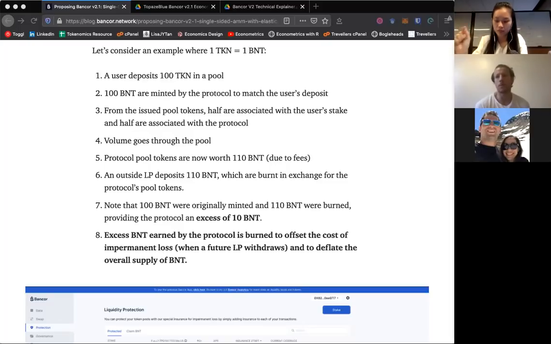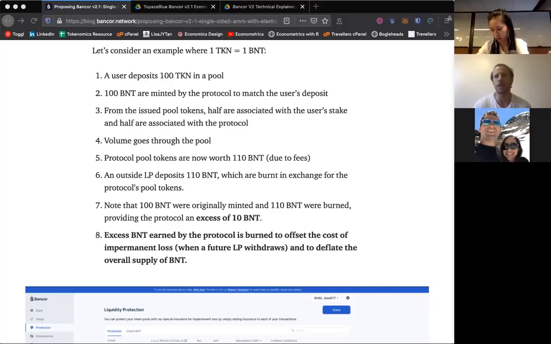So the key economic assumption that we're making with this new model is that fees generated from the protocol co-investments, the protocol investing the other side, are going to generate more revenue than the cost of liquidity protection.